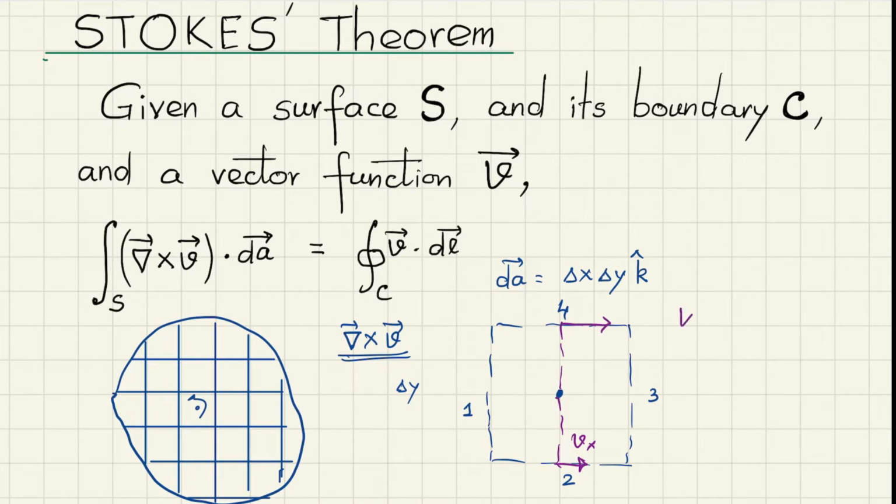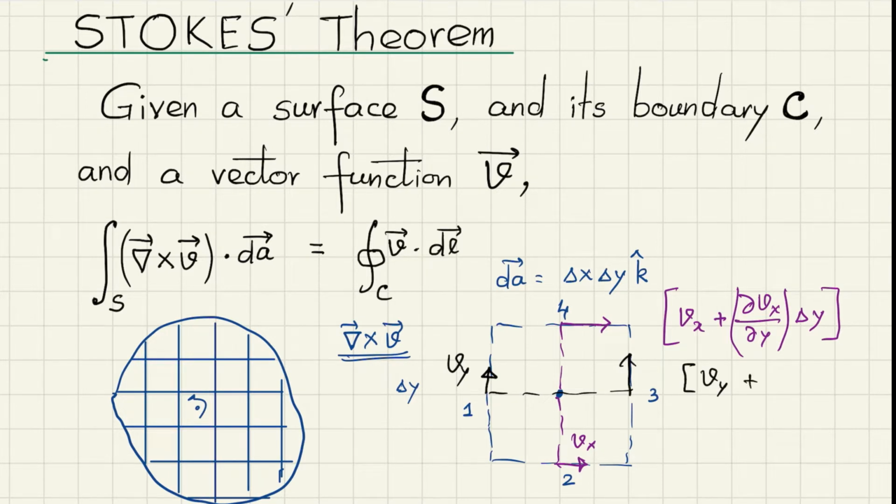How can I write that down? Here it is Vx plus how Vx changes as I go over in the y direction, times delta y, whereas this one is only Vx. Similarly, suppose this is Vy and this is Vy. So this will be Vy plus how Vy changes with x, times delta x.